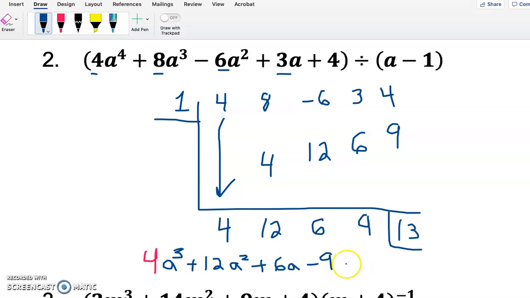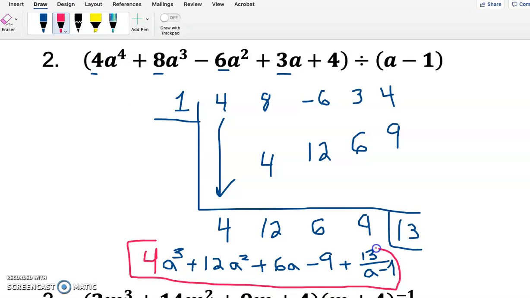And lastly, if you remember, we write plus 13 over our divisor. So our divisor is a minus 1. And this is our answer. This is it. This is what we should get.